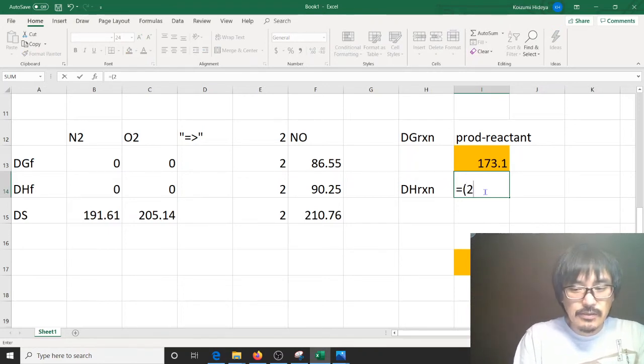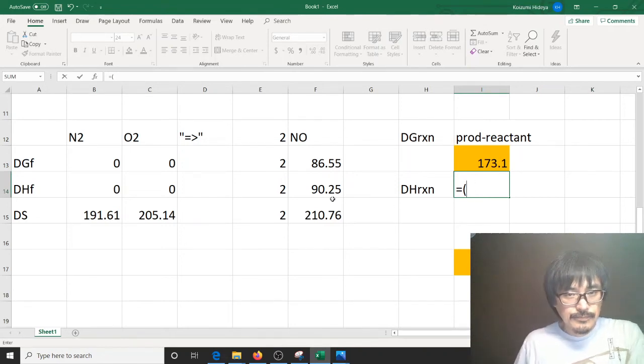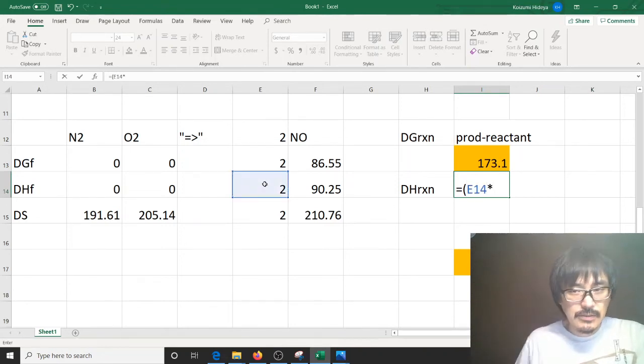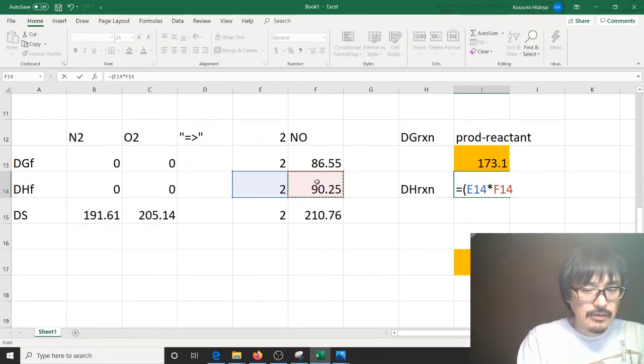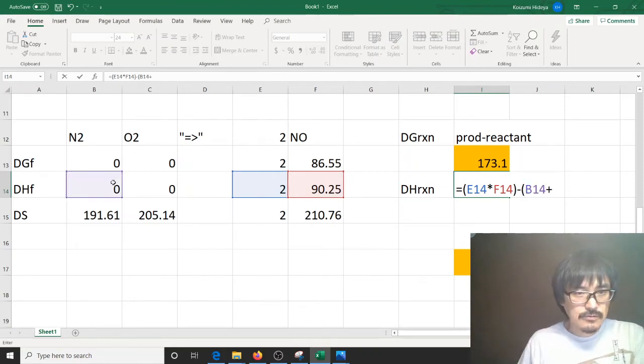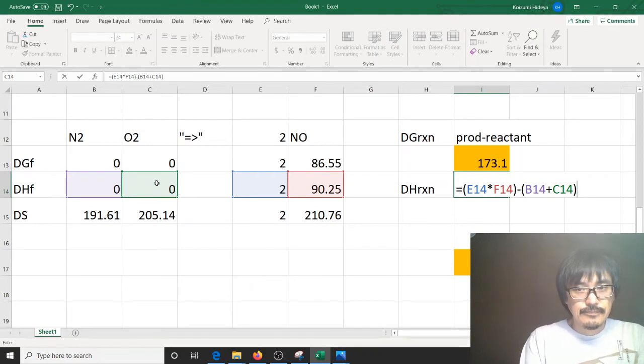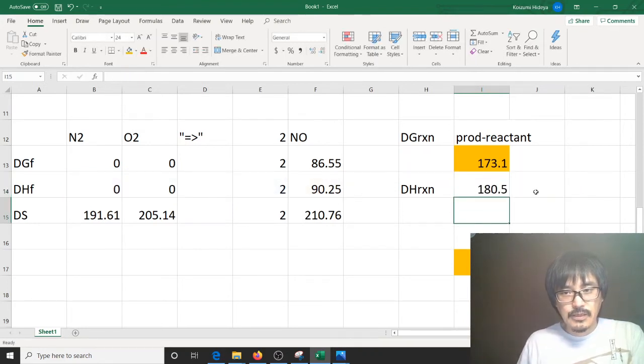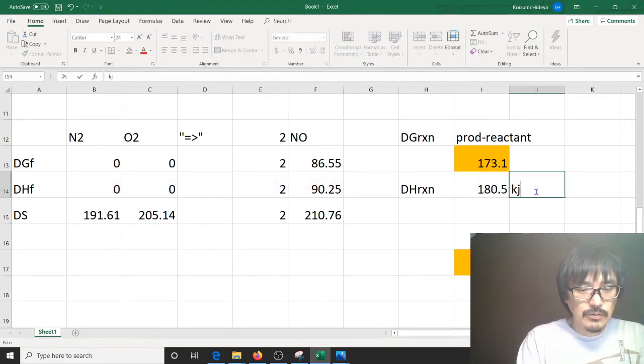The product is 2 times that, because you have 2 NO as a product. The reactant is all 0. Note that this is actually kilojoule per mole.